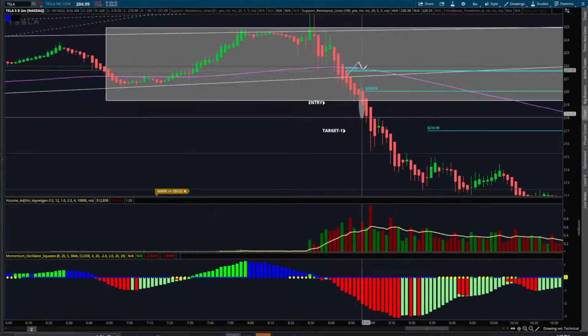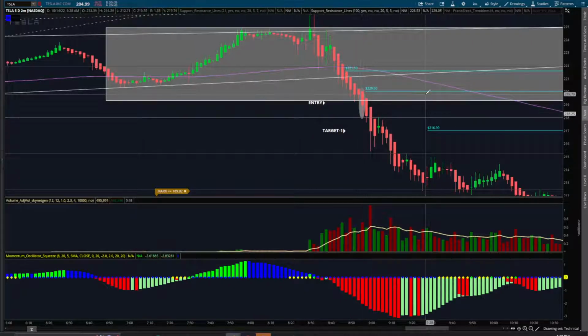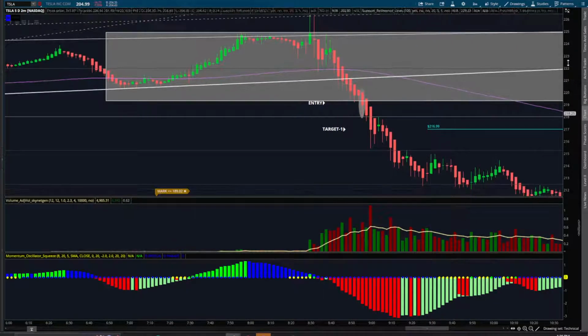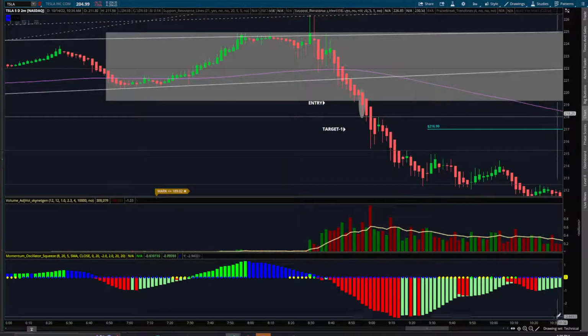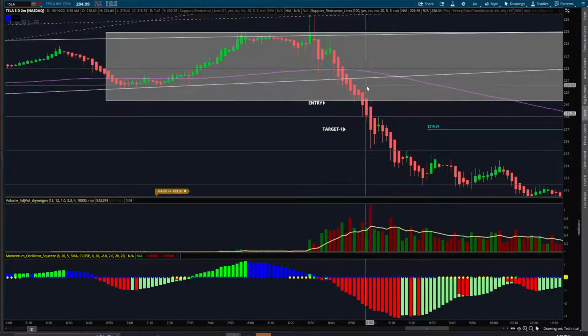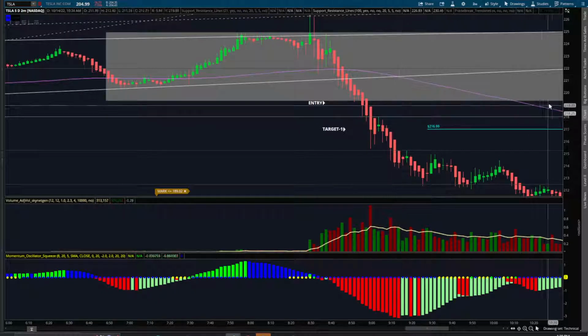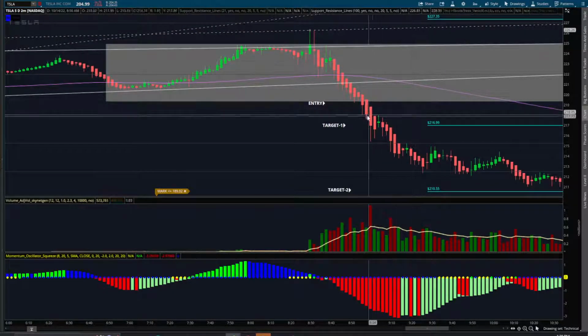We start breaking, this could happen. So that would be the stop loss. So we hit target 1 again. You stay in a position until we start reversing.